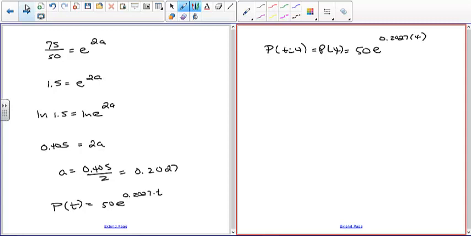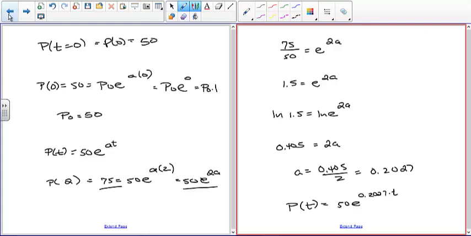So you get 50 times e to the 0.2027 times 4, and you get 112.4. So P of 4 equals 112.4, and that's your answer.